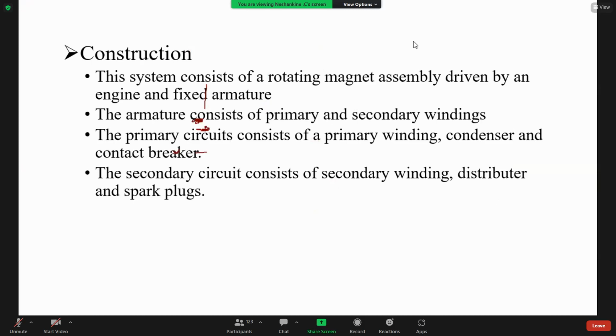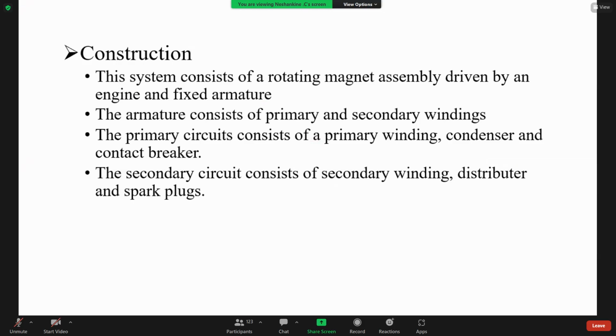First, write the construction of this magneto ignition system. I already explained: this system consists of a rotating magnet assembly driven by an engine and a fixed armature.